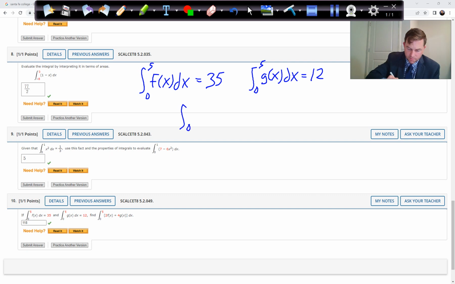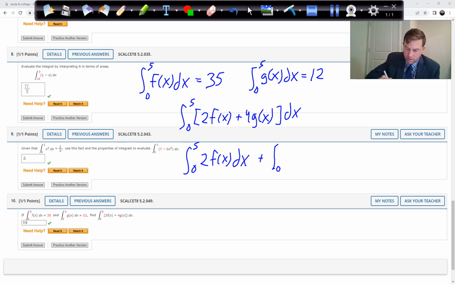So then they want us to find from 0 to 5 of 2f of x plus 4g of x dx. Well, just like before, we can split this into the integral of 2f of x dx plus the integral of 4g of x dx, with the integral symbol on both of these. So this is that formula I wrote in the last problem.